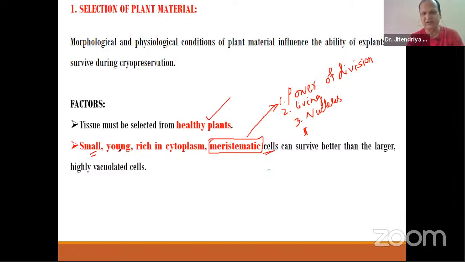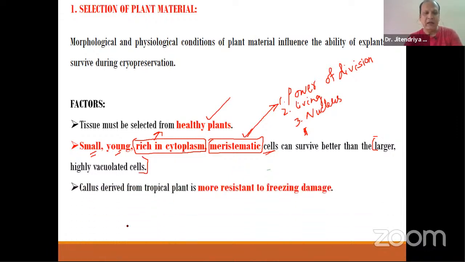Naturally, meristematic cells are young in nature and rich in cytoplasm, so that they are able to survive or go for further growth. So these cells can survive better than the highly vacuolated parts. So better you choose these meristematic cells as your plant material.